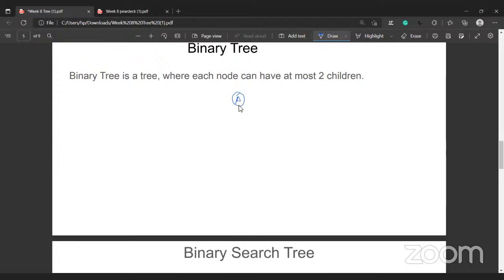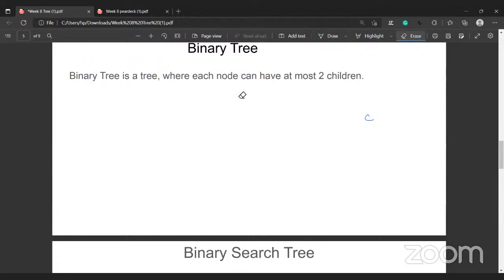A tree where each node can have at most 2 children is known as a binary tree. So everyone got it? What is a binary tree?